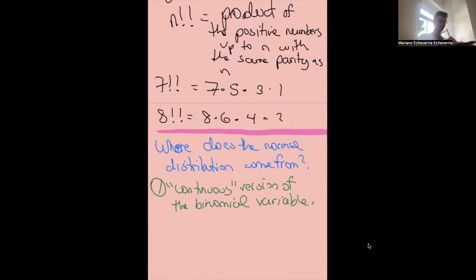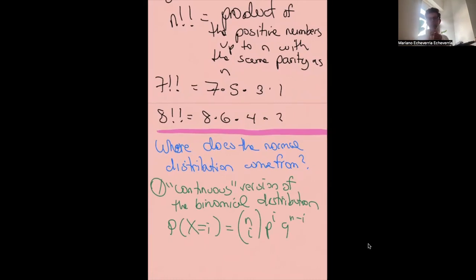The binomial distribution, if you remember, was something like the probability of x equals i was n choose i times p to the i, q to the n minus i. I think I got it correctly, right?